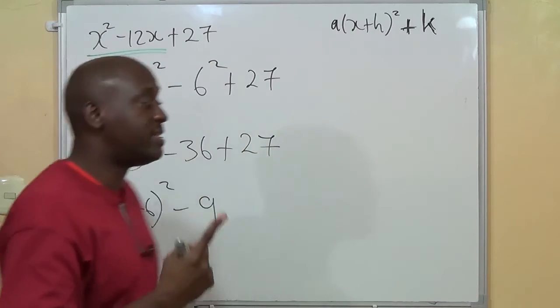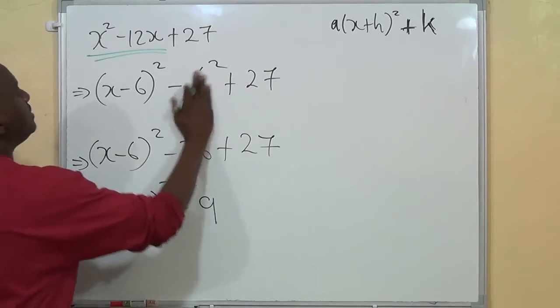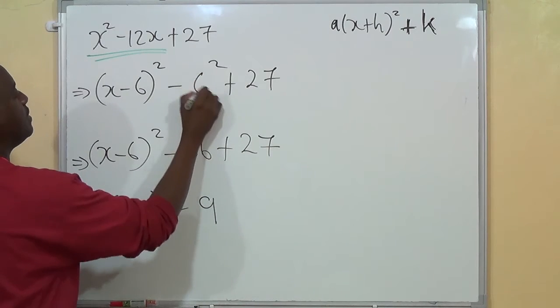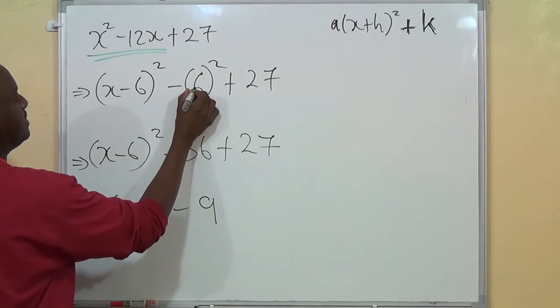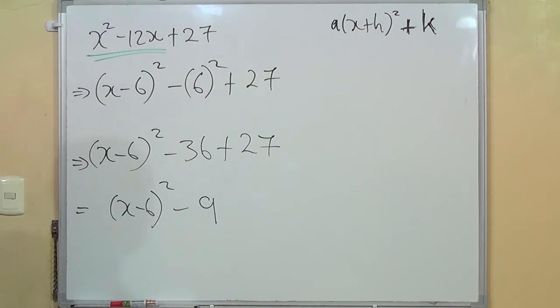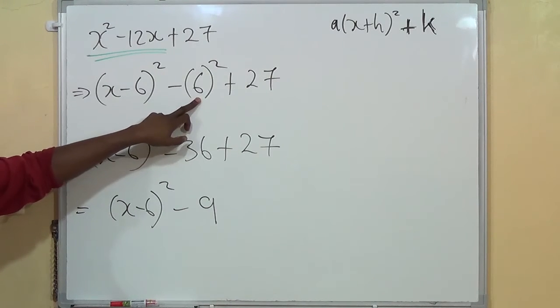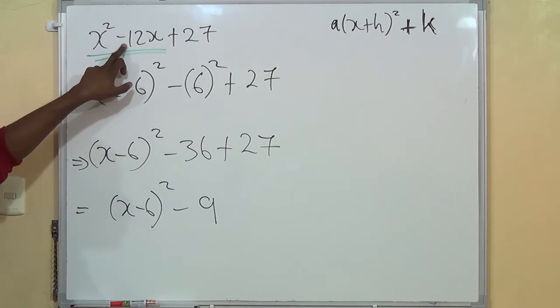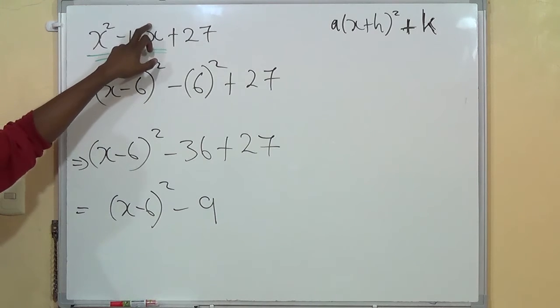So that is why, in a very general sense, what I would suggest is that they put the 6 here in brackets, even though in this case it is an integer, because it was derived as half of an odd coefficient of x over here.